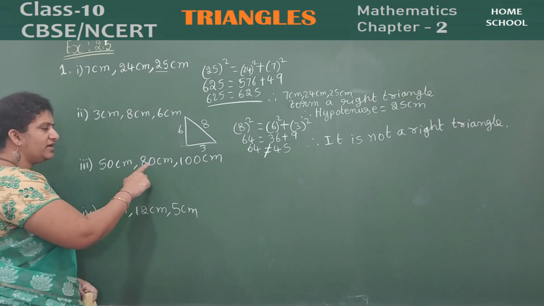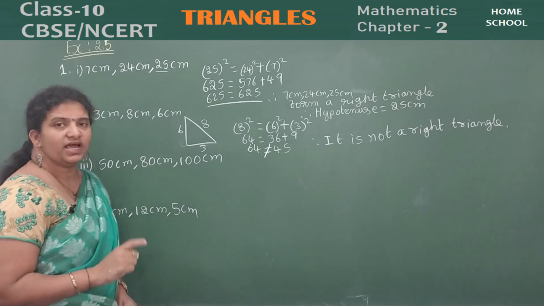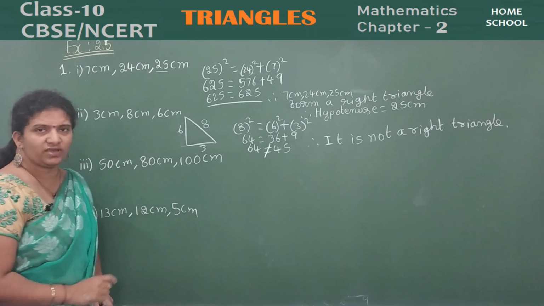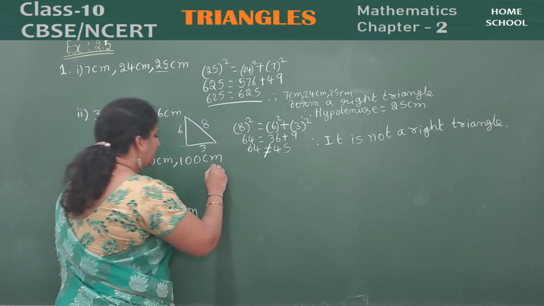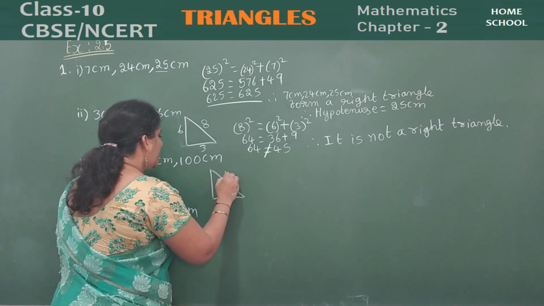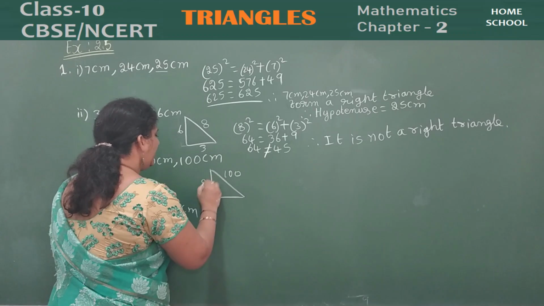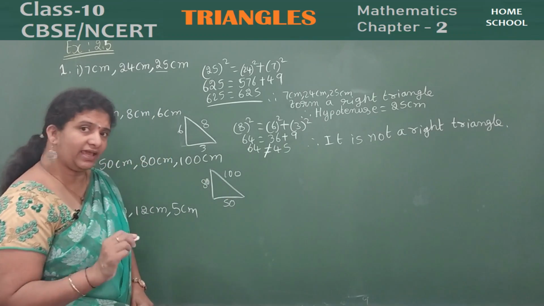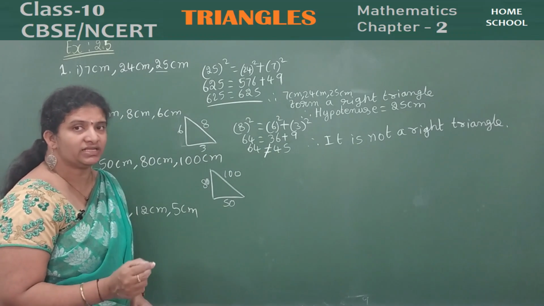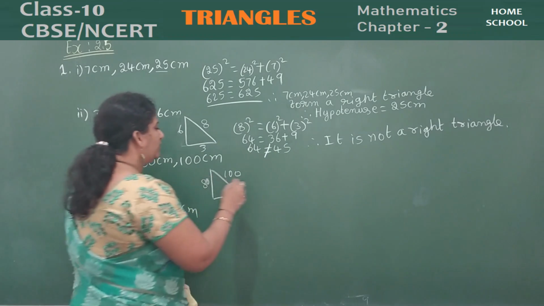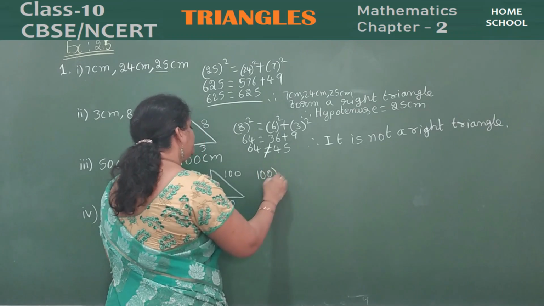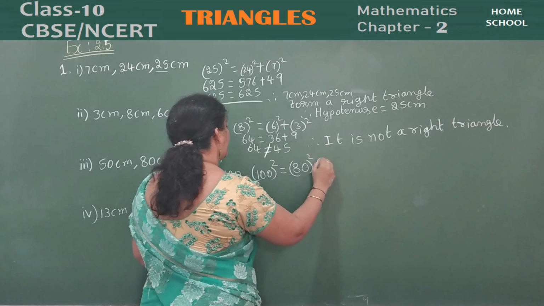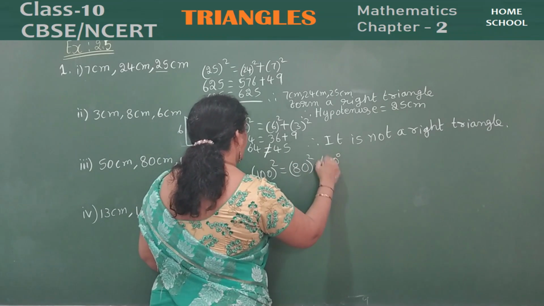50 centimeters, 80 centimeters, 100 centimeters. In these three, what is the biggest value here? 100. So let me take again a triangle here. 100, 80, 50. So now hypotenuse square, again same statement you need to remember, that is the Pythagorean statement. 100 square is equal to 80 square plus 50 square.